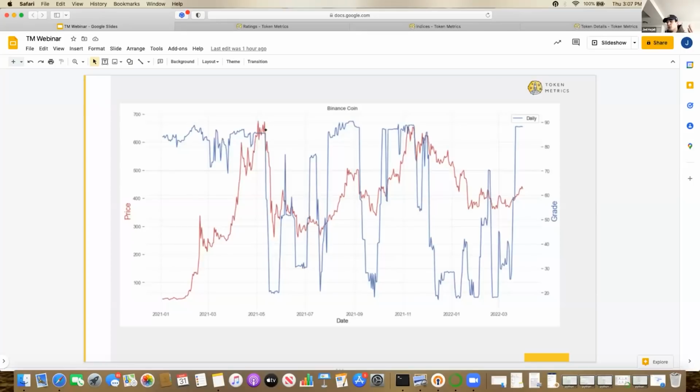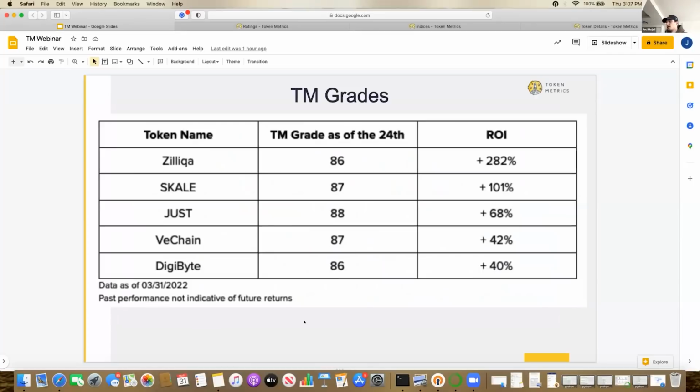Now, if we want to go on more recent data and what has been going on for the past week, in this table I'm showing 5 coins that had a very good TM grade as of March 24th, so exactly 1 week ago. So Zilliqa, for example, had a very high grade, 86, on the 24th.